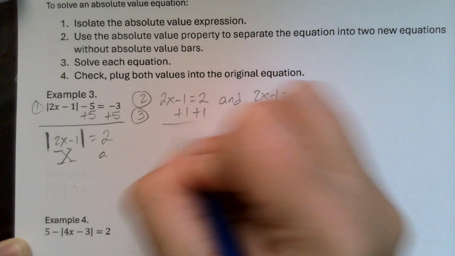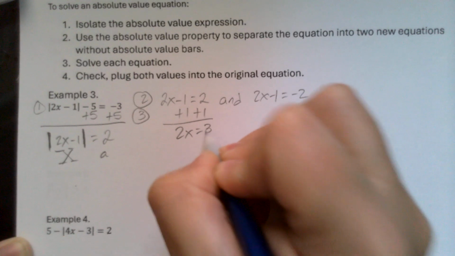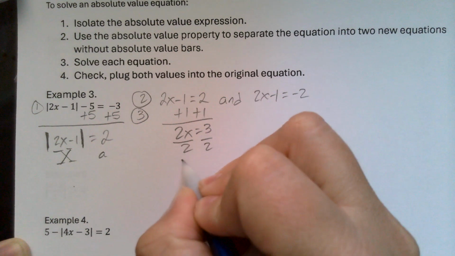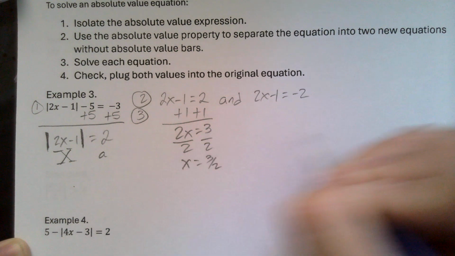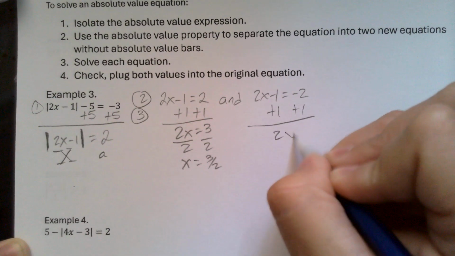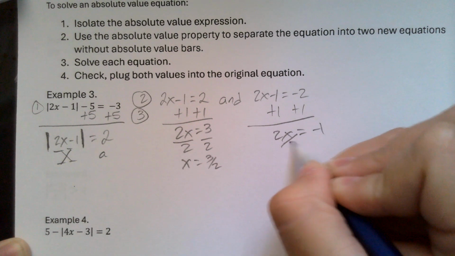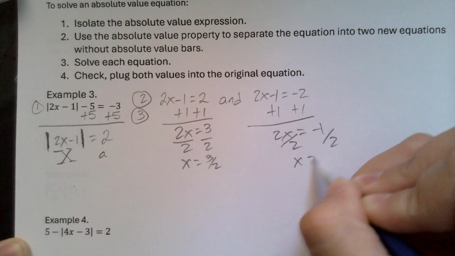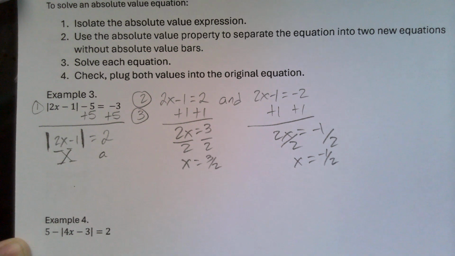So I add my 1, I get 2x equals 3. Divided by 2, x equals 3/2. Do the same thing to the other one. We add our 1, I get 2x equals -1, divided by 2, we get x equals -1/2. It's crazy how just a single sign change can completely change your answers.